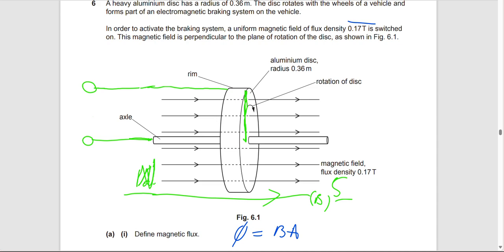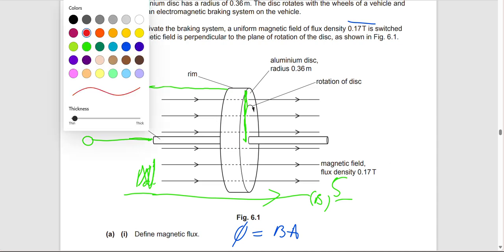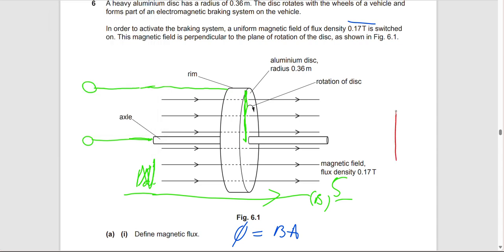Remember, when a current flows through a conductor, it also produces its own magnetic field. So let's say we have a conductor with a current in it. It will produce a magnetic field, and the direction is determined using the right hand thumb rule.